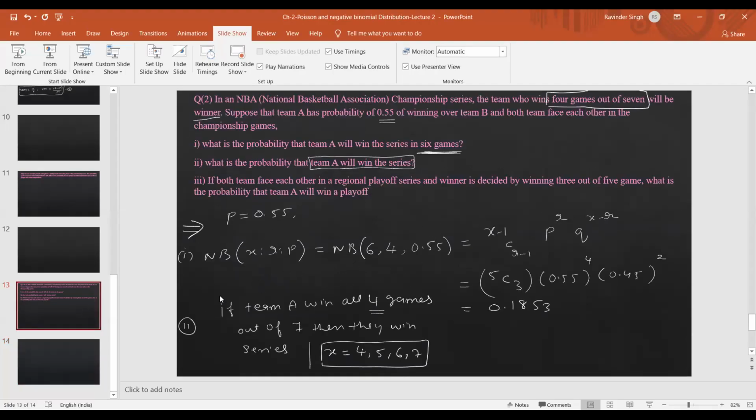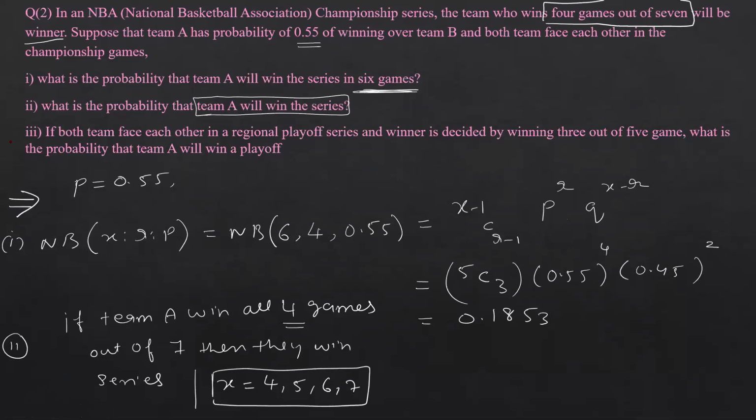The last part I will leave it to you for the answer. If both teams face each other in a regional playoff series and the winner is decided by winning 3 out of 5 matches, then your X will take the values 3, 4 and 5.